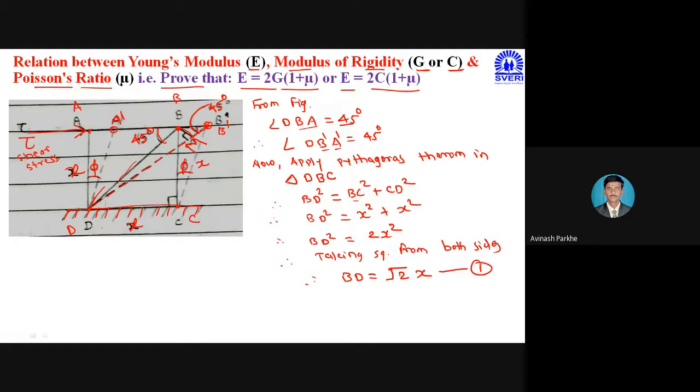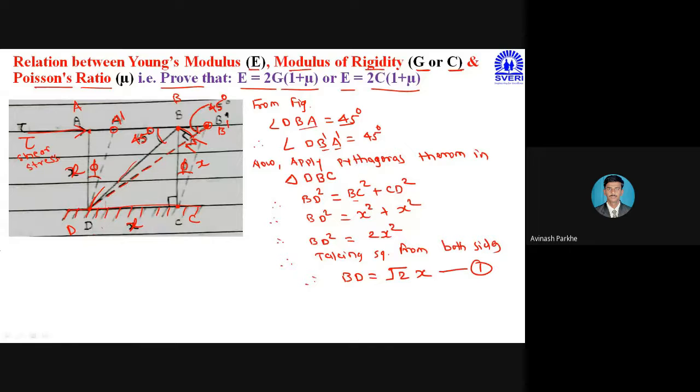The value of the diagonal BD in this block ABCD, we have calculated from the Pythagoras theorem. We applied the Pythagoras theorem in triangle DBC, and from that theorem we got the magnitude of diagonal BD, and we have considered this as equation number 1.